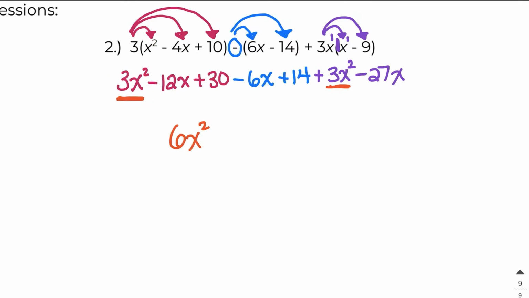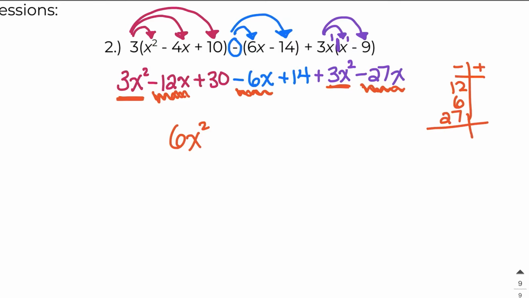And then next terms that are like each other are this negative 12x. So here I've got negative 12x, and here I've got negative 27x. Those are like each other. Oh, and I'm sorry, I also have a negative 6x. So I want to put all of these together, and I'm actually going to use the scoreboard for this. So the negative 12x, team negative won the 12 points. Team negative won these 6 points, and team negative also won these 27 points.